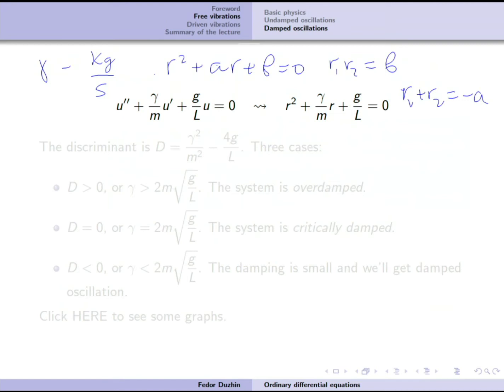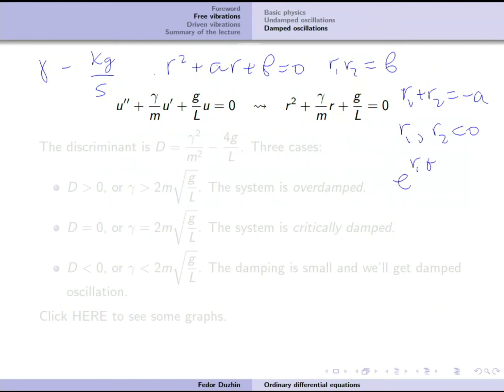So in other words, the coefficients of the characteristic equation are positive if and only if both roots are negative. And since both roots are negative, the general solution of our equation has to do with e to the power r1 t and e to the power r2 t.